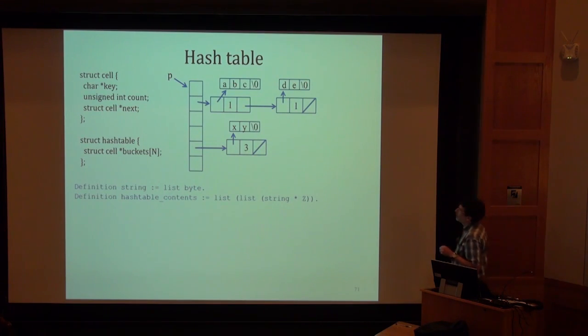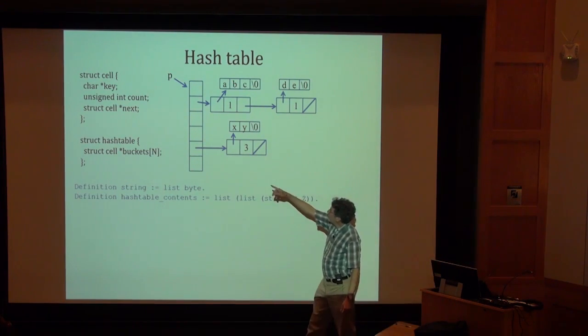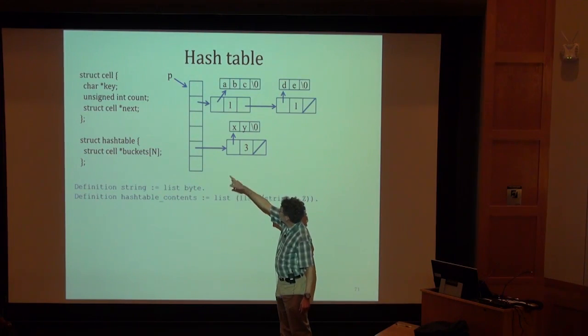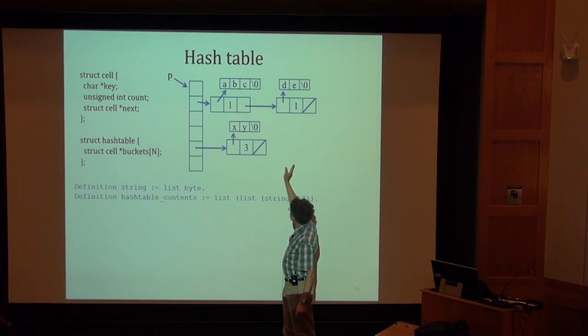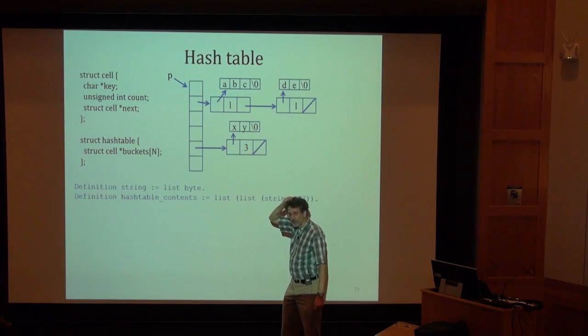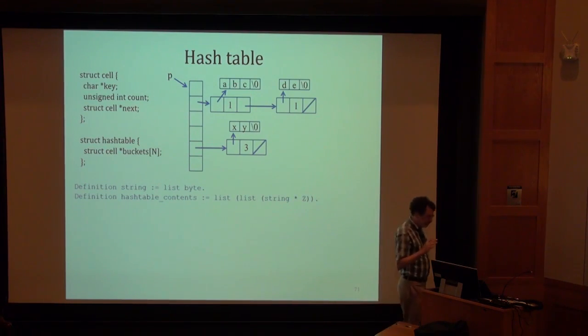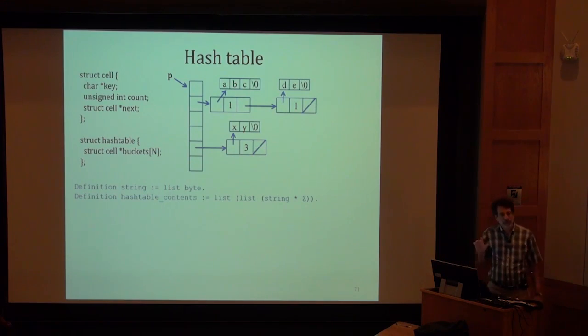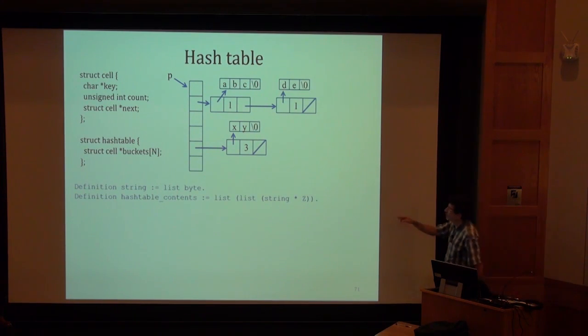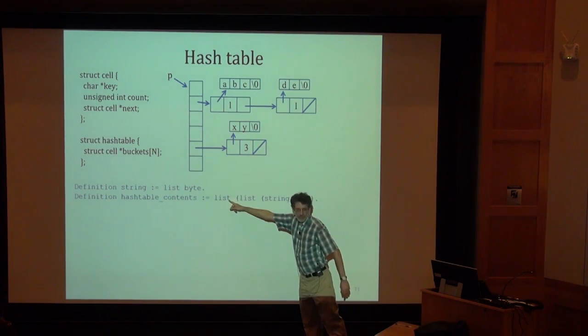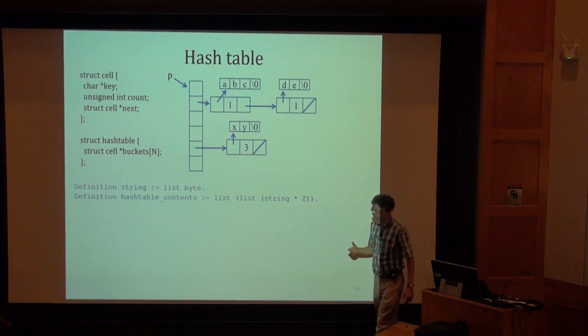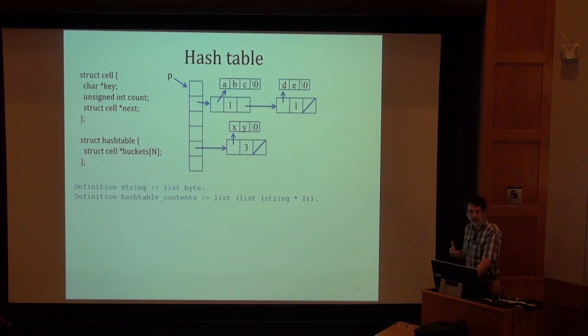So in this case, we would make a functional program that operates on a list representing the array of buckets, of lists representing the contents of these linked lists. Now, that functional program is in a certain way kind of pointless, because the whole point of a hash table is you get constant time access to the buckets in the array. And if we implement this by a list here instead of a constant time access data structure, then each access to the functional implementation will take linear time rather than constant time.